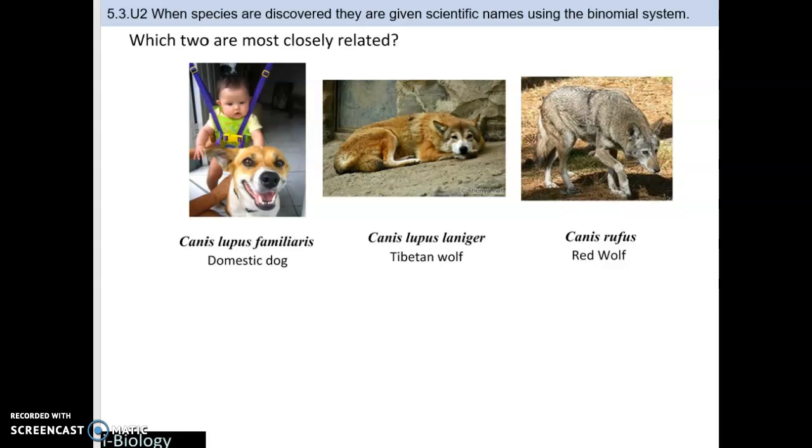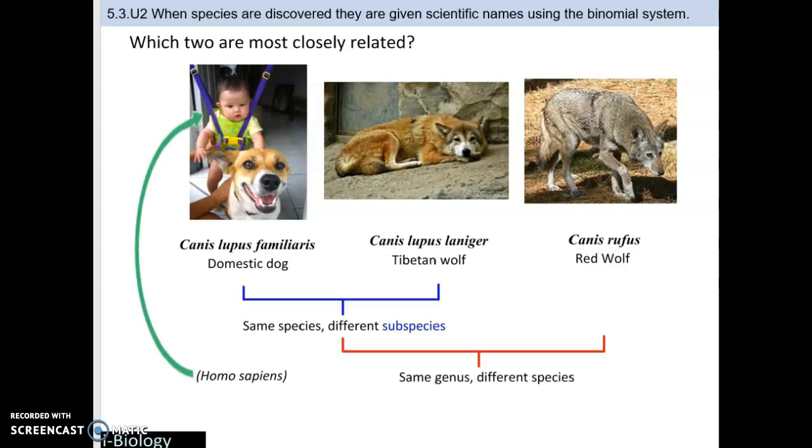We can see that they're all of the same genus, and two of them are the same species. In fact, some of them are subspecies, so if they come into contact with each other, they might breed and produce fertile offspring. So the Tibetan wolf and domestic dog are the same species, different subspecies. And you've also got Homo sapiens in there as well, but we're not closely related to dogs, because we can tell from the name.